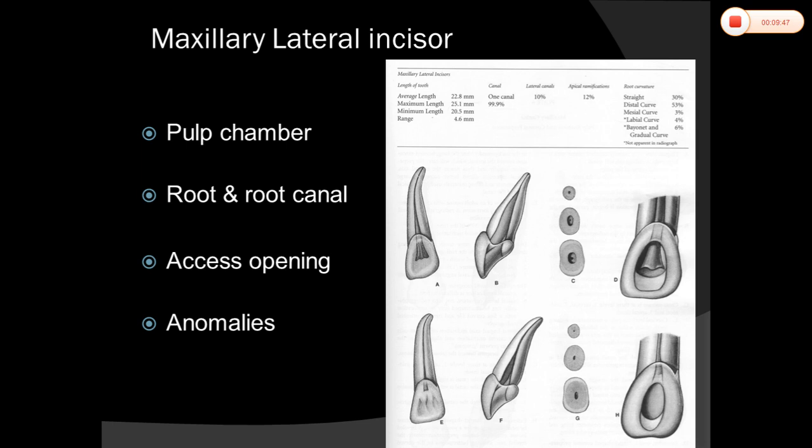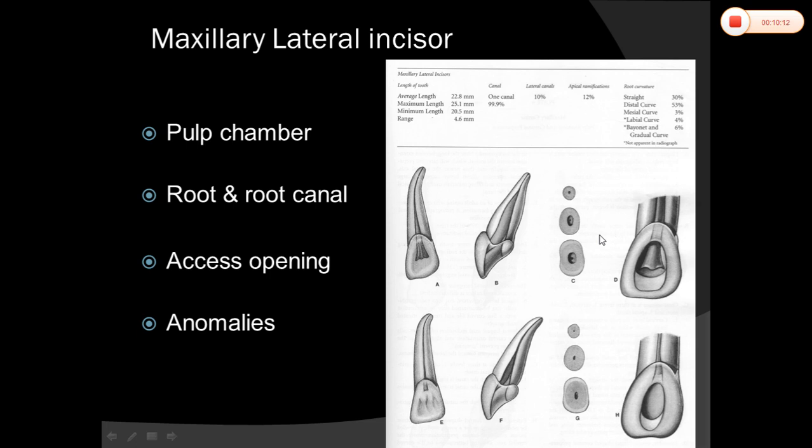Coming to the maxillary lateral incisor, the pulp chamber outline is similar to that of the central incisor, but smaller in dimensions. And in cross section at the CEJ, the shape is triangular, round or oval. As the lingual shoulder is present, it definitely prevents that straight line access, hence it must be removed.